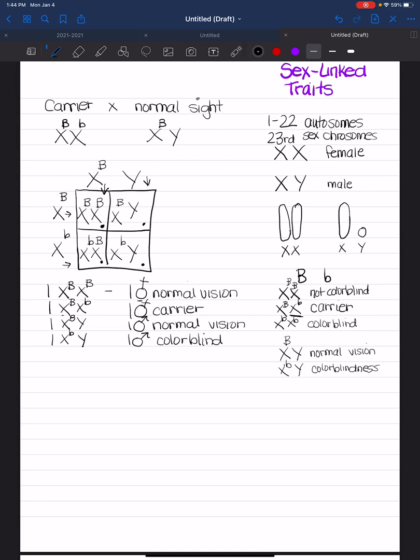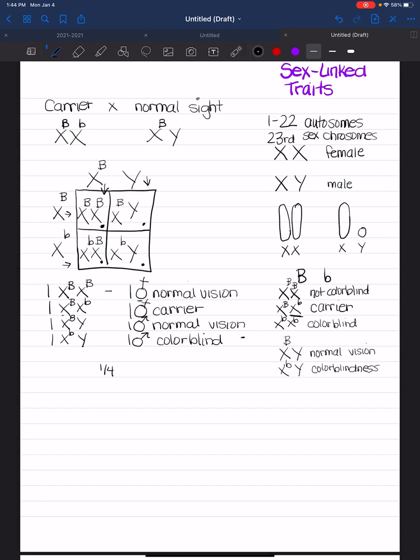So you could be asked several different questions. You could say, from this cross, is it possible that these 2 parents have a child that has color blindness? First you just look at your phenotypes and see what are the possibilities of being colorblind. And so it's 1 out of 4.